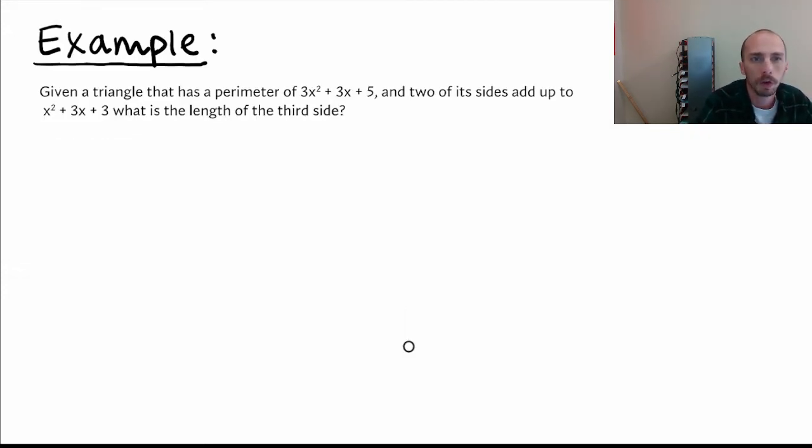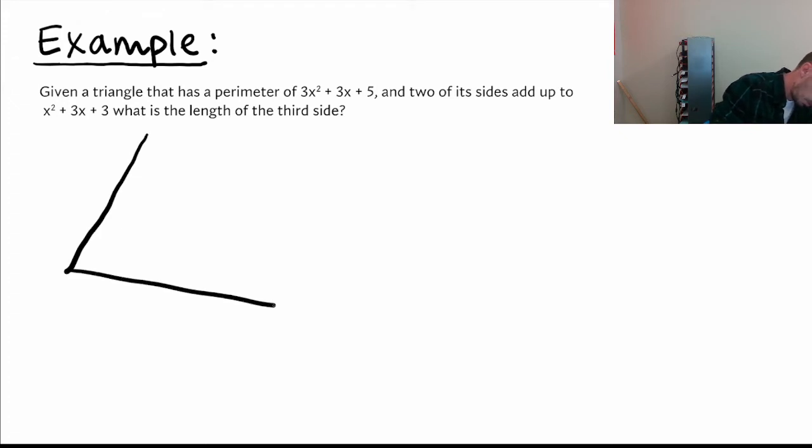So if we were given the whole perimeter and given the length of two of the sides, we could use subtraction to find the third side. So again, I'm going to draw a diagram. Maybe I'll draw one that's not a perfect triangle or anything.